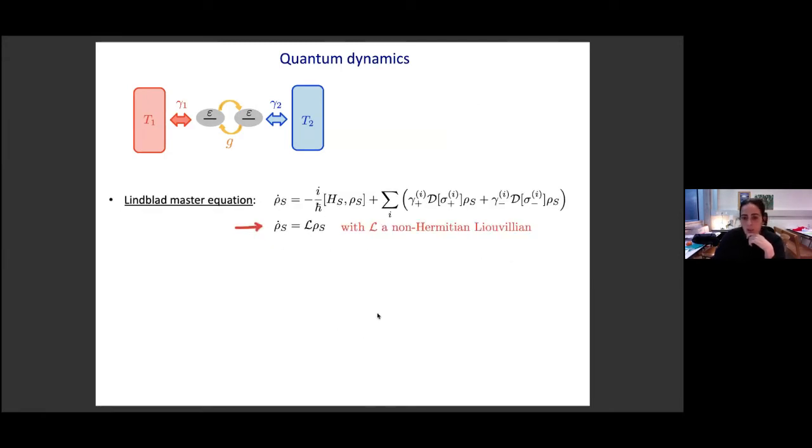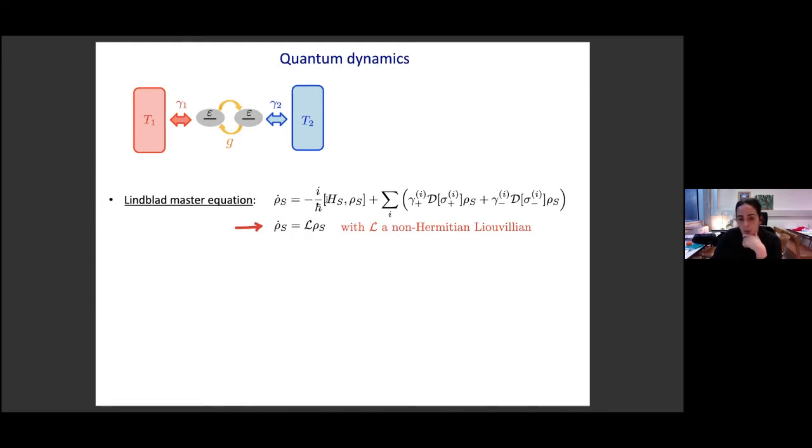Now, if you are interested in the steady state regime, you will simply solve rho dot S equal to 0. But if you want the full dynamics, it's much more involved. Indeed, this master equation is an evolution equation, a linear differential equation.